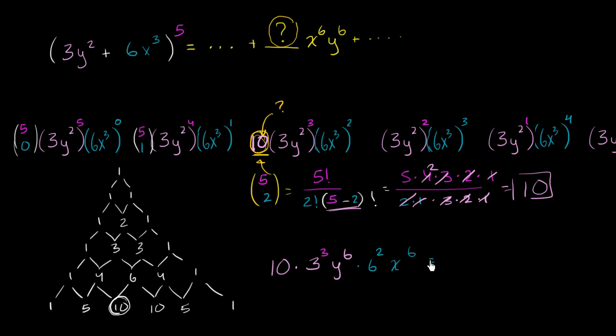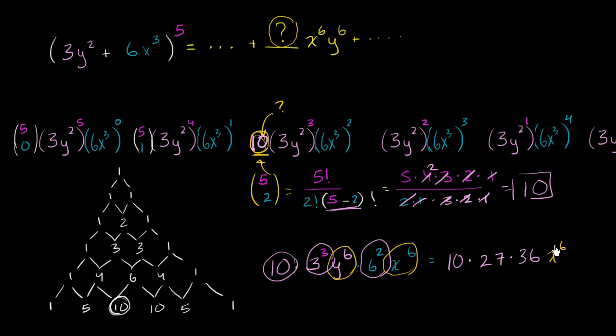And so this is going to be equal to, let's see, 10 times 27 times 36. And then we have, of course, our x to the sixth and y to the sixth. So this is going to be essentially, let's see, 270 times 36.